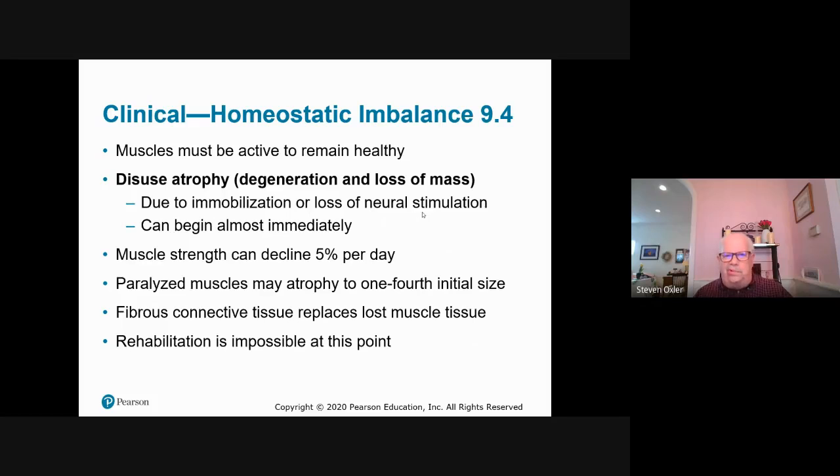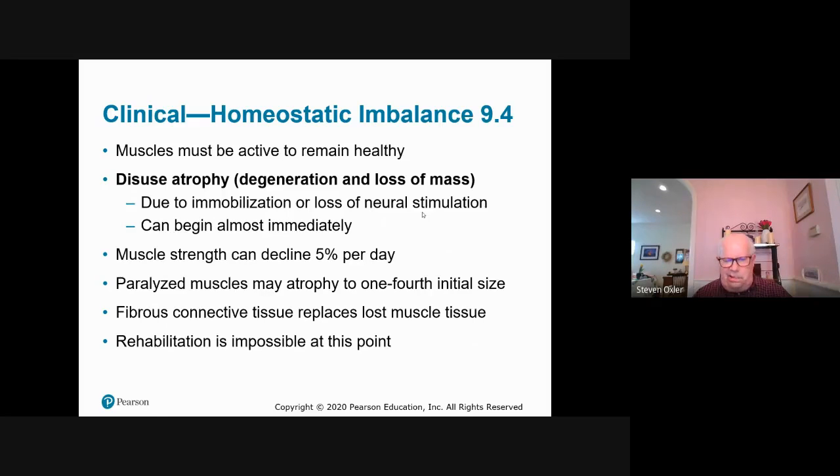You can lose 5% of your muscle strength every day. All right? In someone that is paralyzed, your muscles may atrophy. And when your muscles atrophy, that area is replaced by fibrous connective tissue.